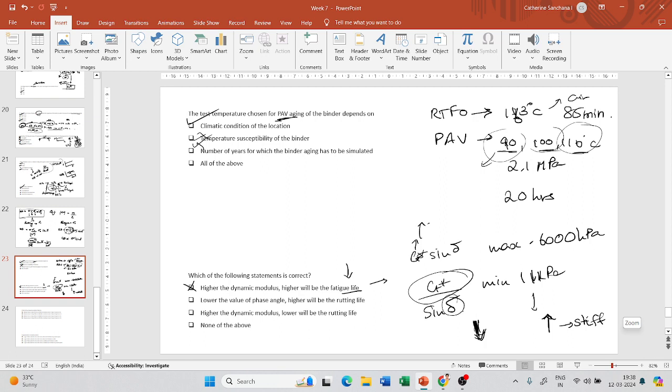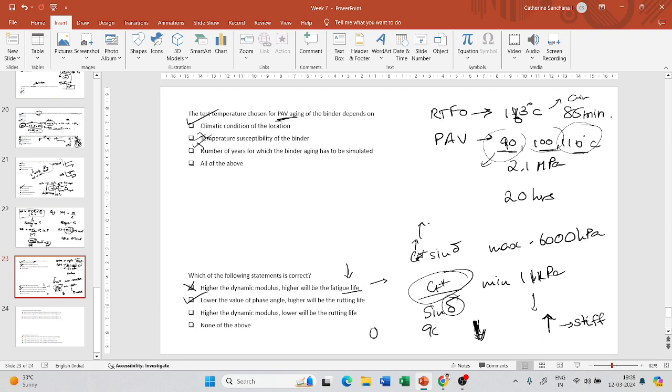If this phase angle is lesser, then it will have more than 1 kPa, it will have a higher stiffness, and so the rutting life will be higher. Also, you can relate it to something like this.